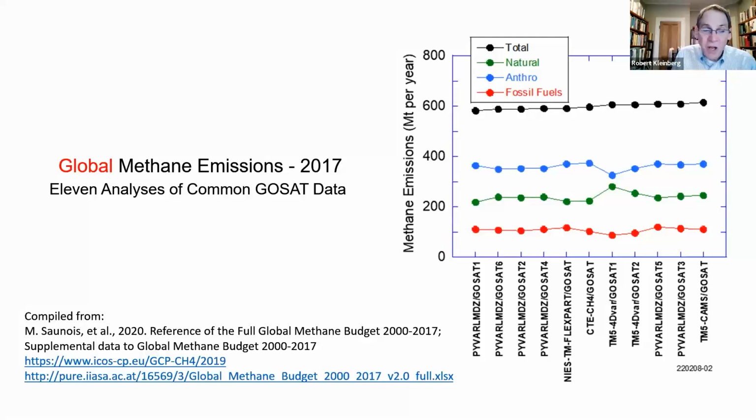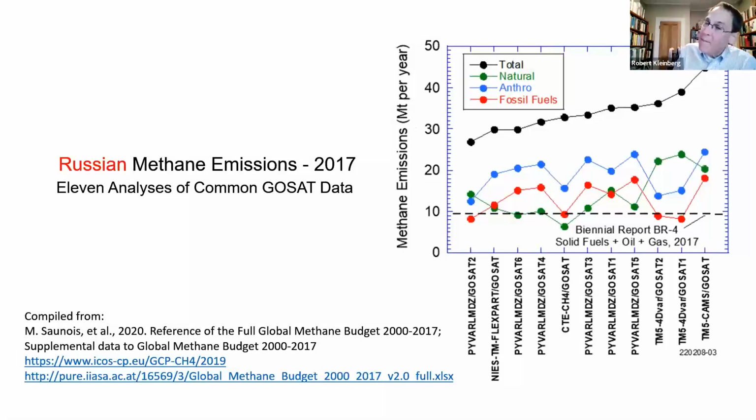If you go to an individual country like Russia, even a big country, and Russia is big, the numbers become much, much more questionable. So if we're looking at total emissions out of Russia, again, using a single data set, everybody uses the same data, but 11 different processing methods, total methane emissions vary by about a factor of 2, depending on the kind of processing you use.